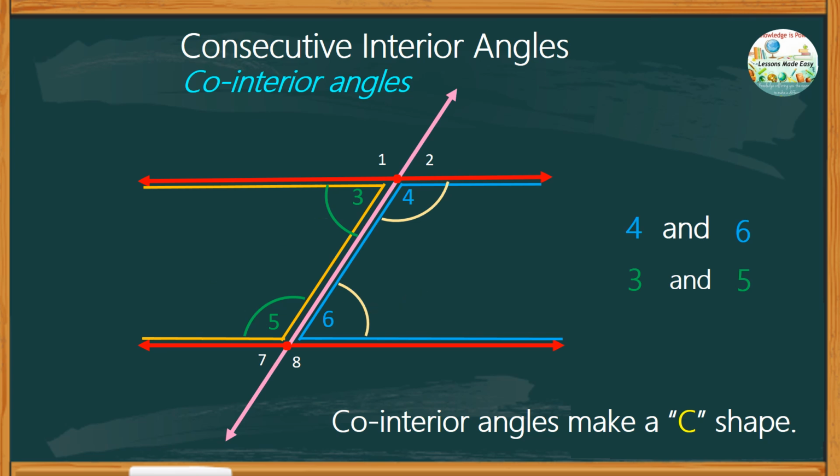One important thing is that co-interior angles are not equal, but instead, together, they add up to 180 degrees, meaning if one angle is 110 degrees, the other one is only 70 degrees, making 180 degrees as a pair.